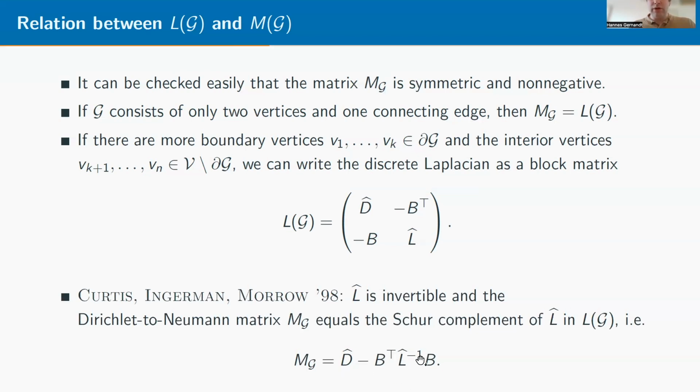So graph Dirichlet to Neumann equals D hat minus B transpose L hat inverse B. So there's a nice connection between the Dirichlet to Neumann matrix and the graph Laplacian, or to some extent inverses of parts or restrictions of the graph Laplacian. So that's a very important result.